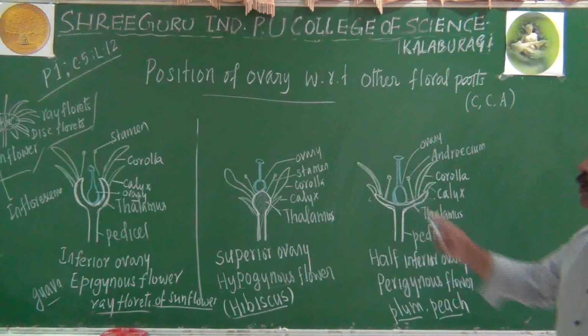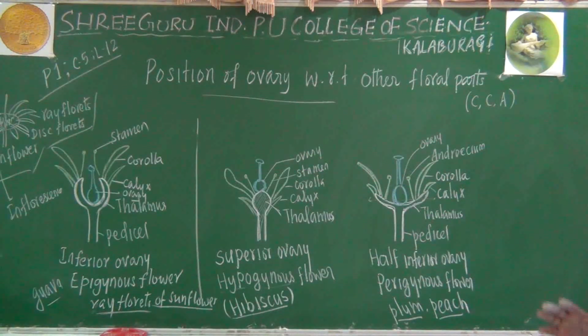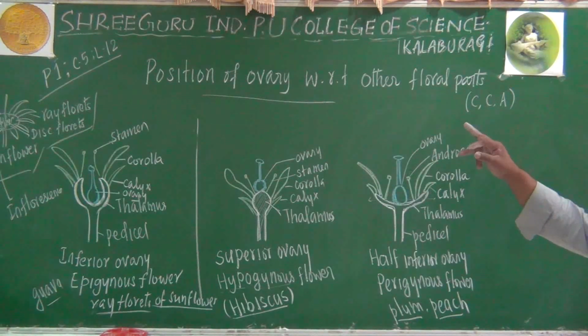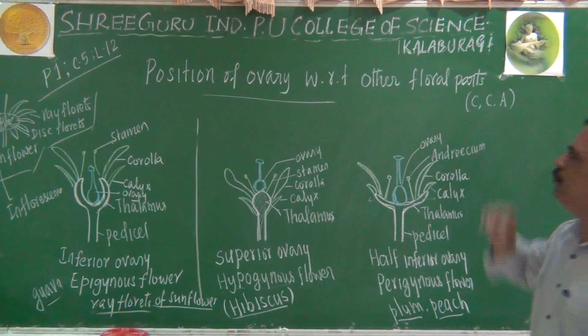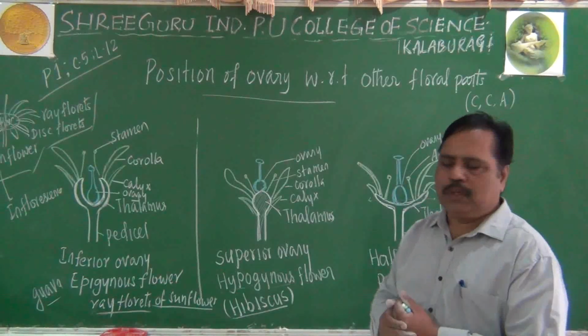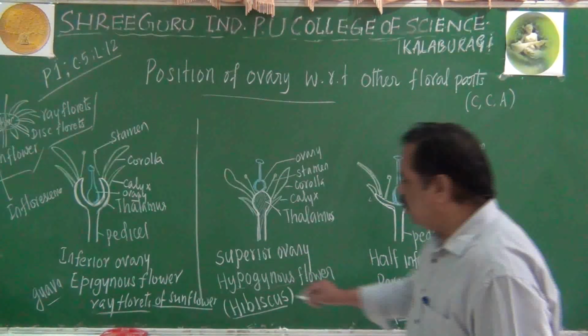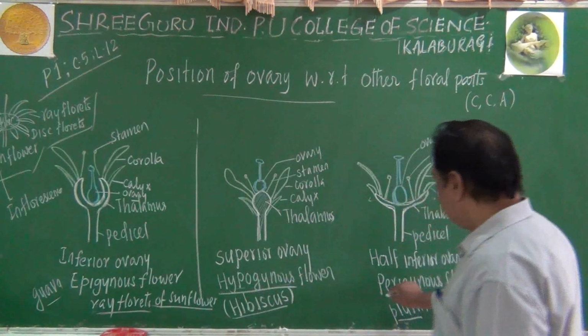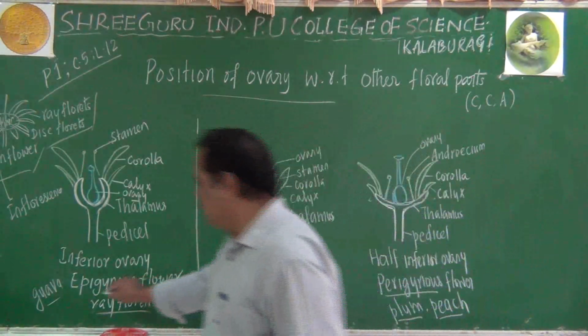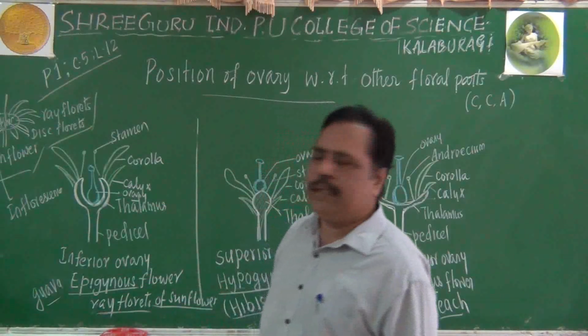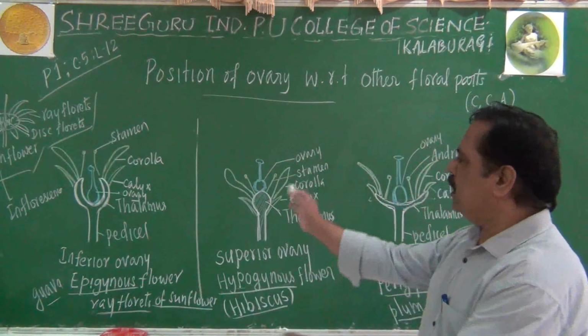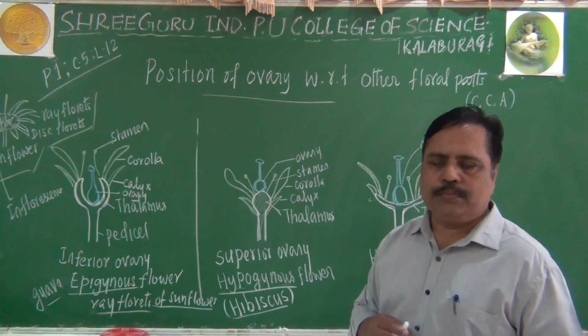Do you get the three types of flowers on the basis of position of ovary with reference to other floral parts? One is hypogynous flower, second one is perigynous flower, third one is epigynous flower. These are the three types with example, diagram and everything I told you.